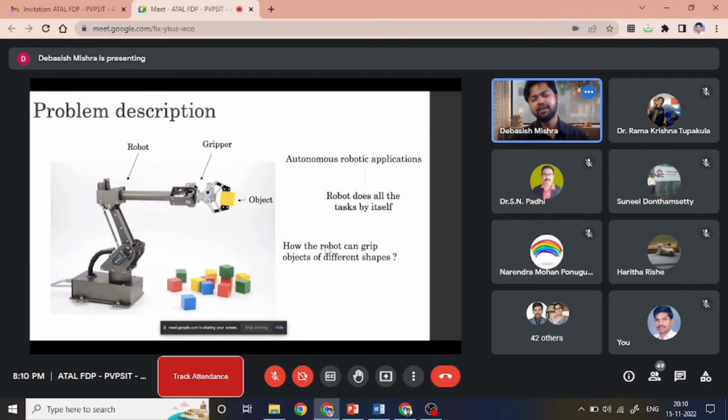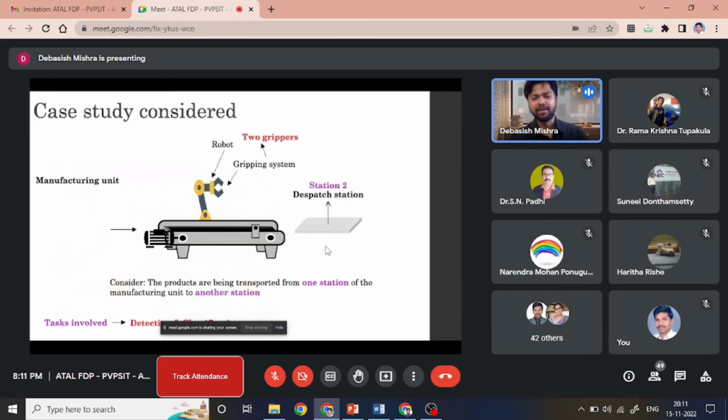Now, one of the case studies which we considered is how can the robot identify what gripper it has to select based on the object which is coming on its way. So the problem is that the robot has to grip objects of different shapes, right? And this is the slide that shows what exactly we were looking at.